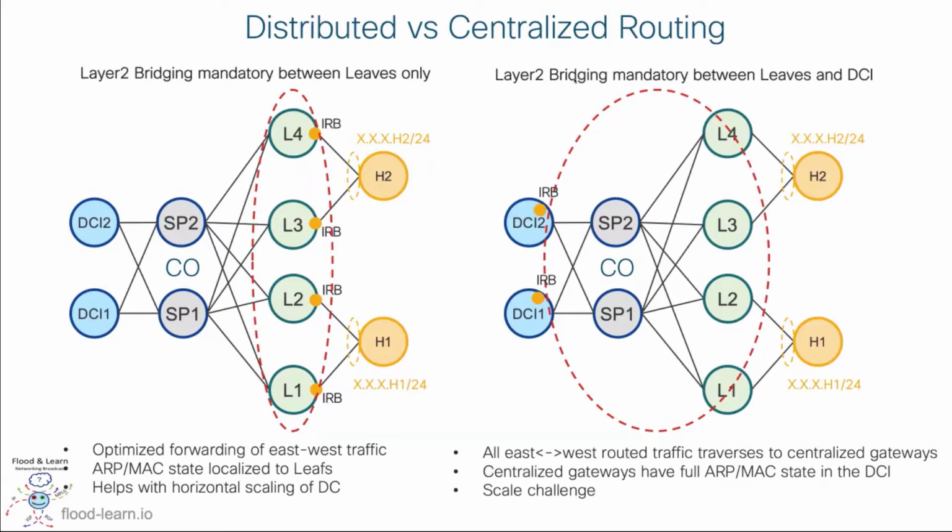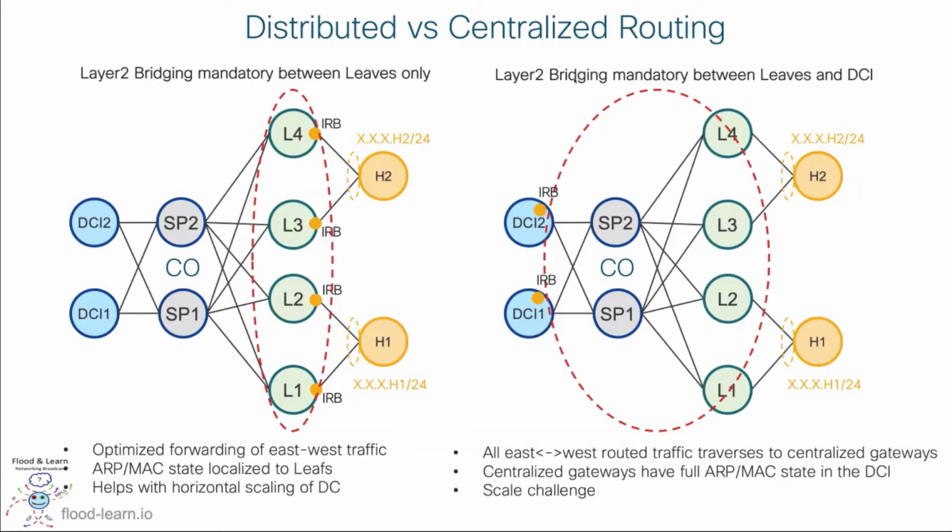On the other hand, on the right side, you can see another option where you have an IRB on the DCI. So your leaf layer is purely L2, and you are doing the centralized routing. It is very important to understand that when we terminate the L3 layer on the leaf, we don't have to configure any bridge domain on the DCI, and we can focus on the DCI purely on the routing on the layer 3.